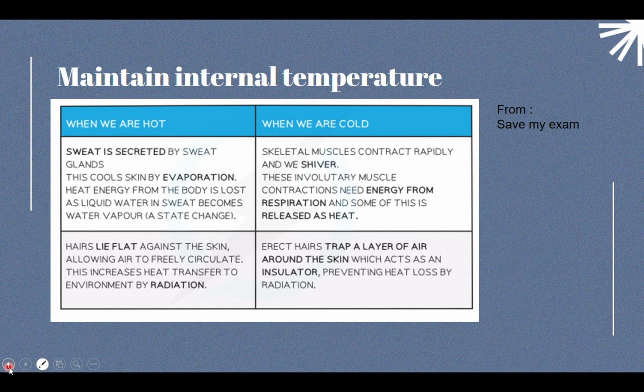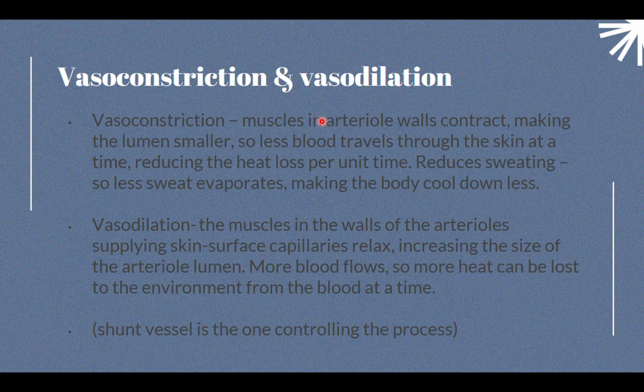As we said earlier in the past slide, you need less blood to travel into your skin so that you can get warm in this cold weather. So less blood travels through the skin, reducing heat loss per unit time, reducing sweat, so less sweat evaporates, making the body cool down less.